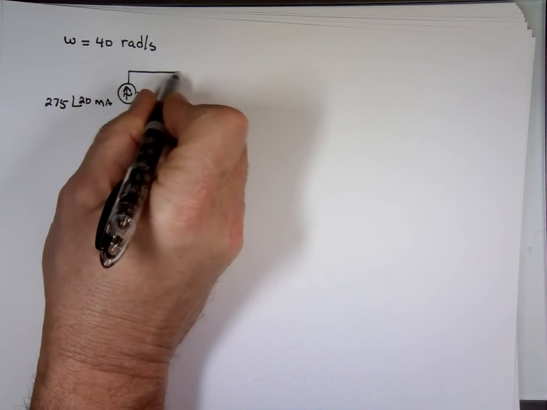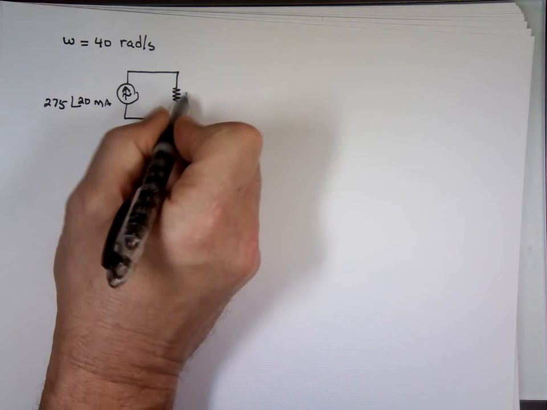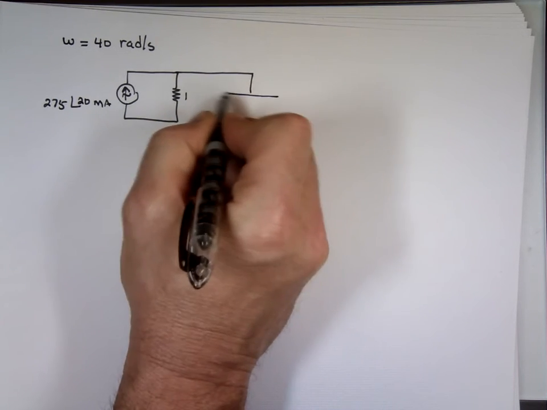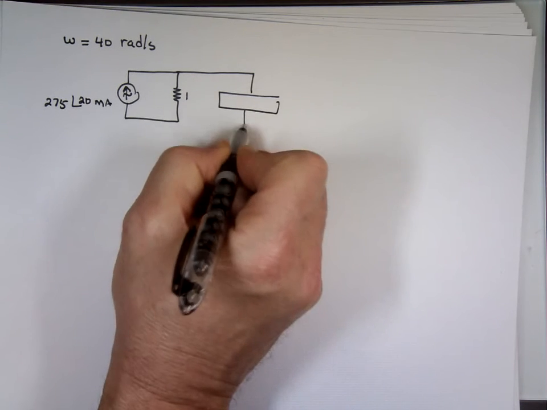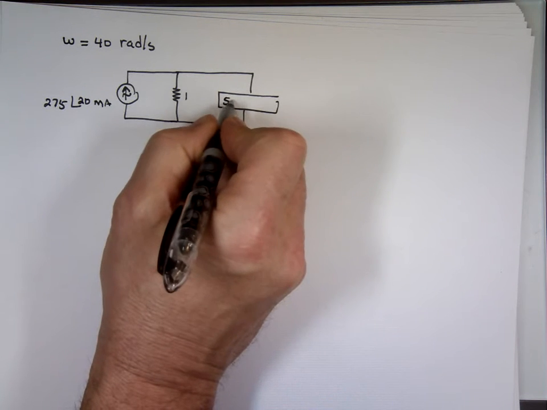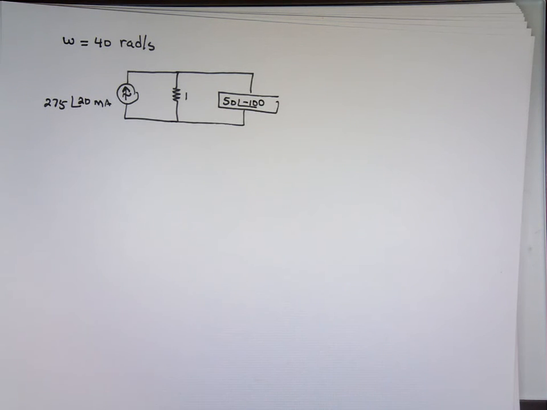We have a resistor of 1 ohm here. And we have a load. And the impedance of the load here is 50 angle minus 100. Notice that's a negative angle. That tells me what we have: a capacitor. A resistor and a capacitor, RC.